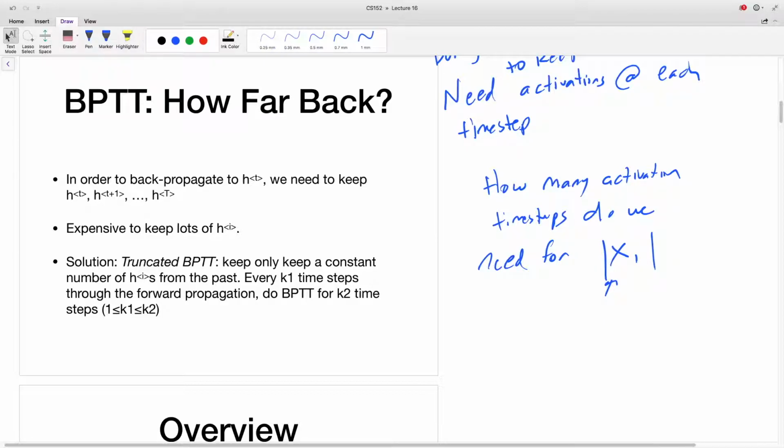So the solution is truncated BPTT. Truncated BPTT says don't keep it all. Just keep the last K layers.